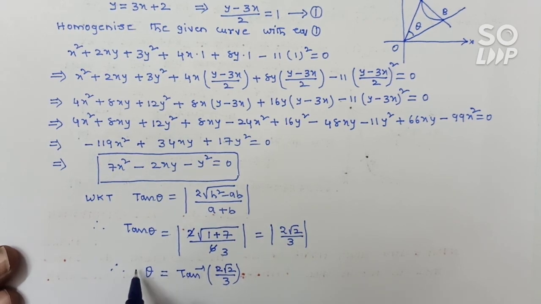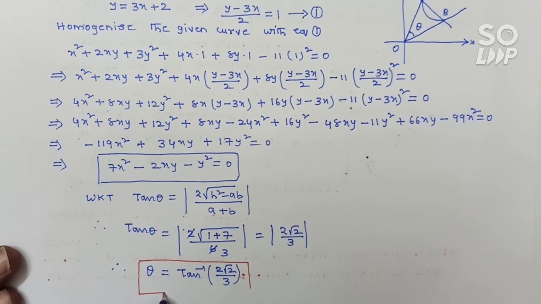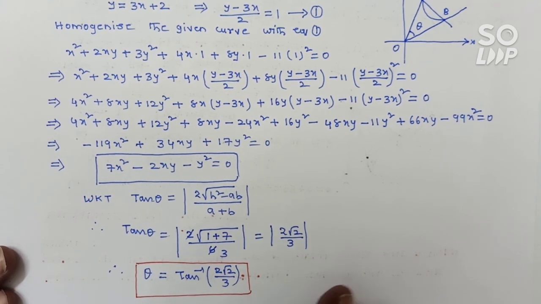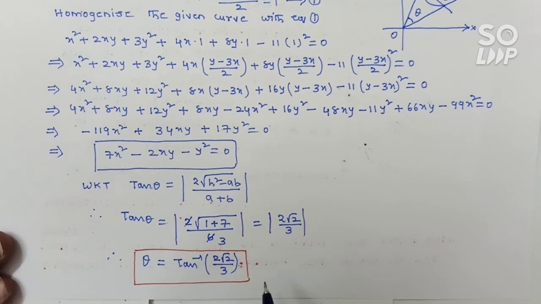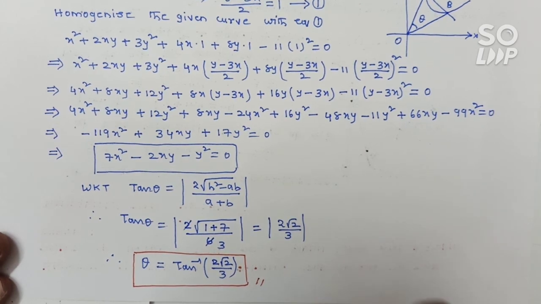Suppose you want cos theta, in terms of cos inverse, what is the cos theta formula? (a plus b) whole divided by under root of (a minus b) whole square plus 4h². Now in this problem you have to prove that the angle is tan inverse of.